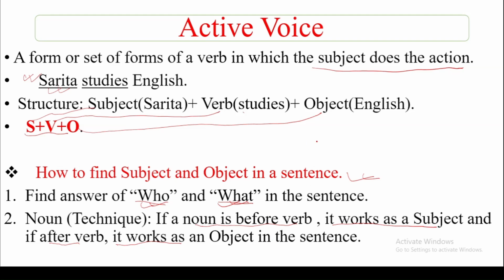It means a noun or pronoun before the verb is the subject, and a noun or pronoun after the verb is the object.